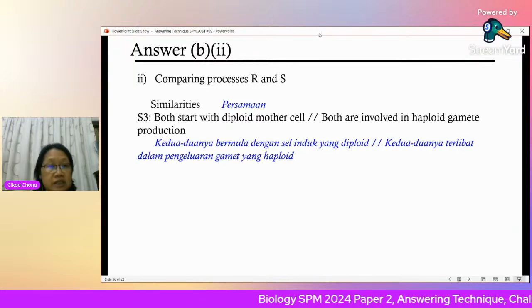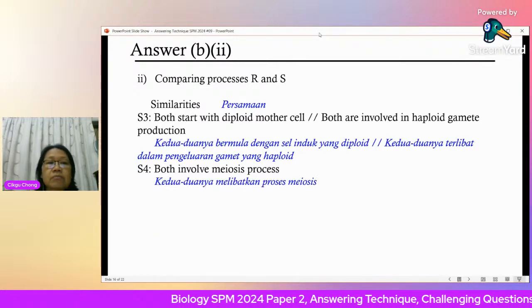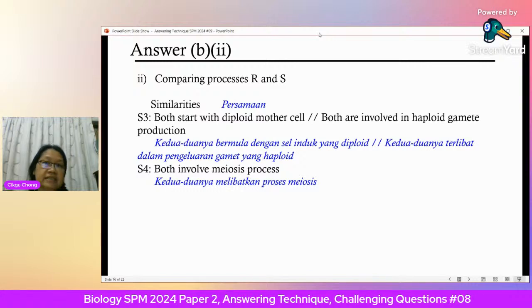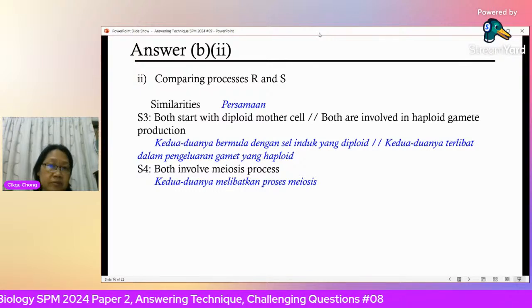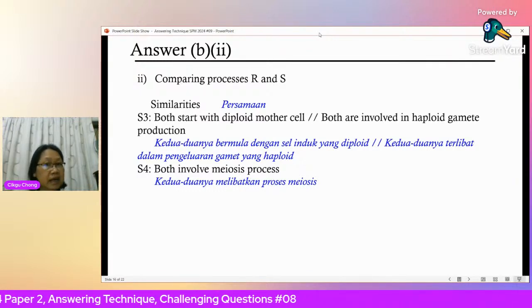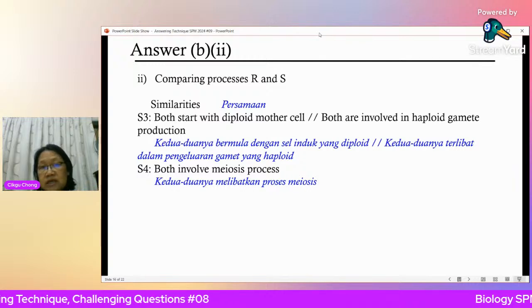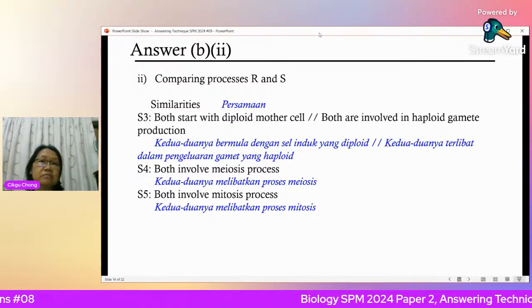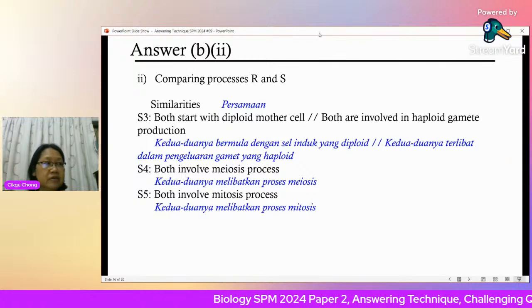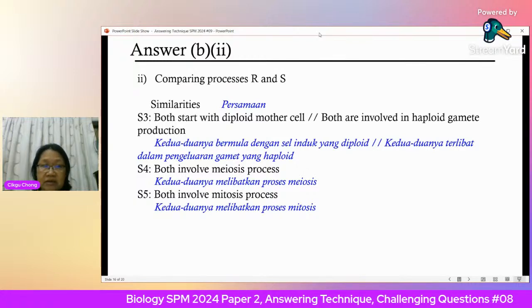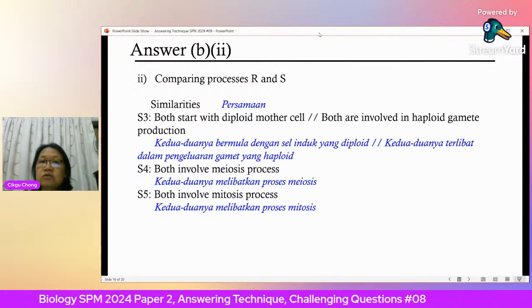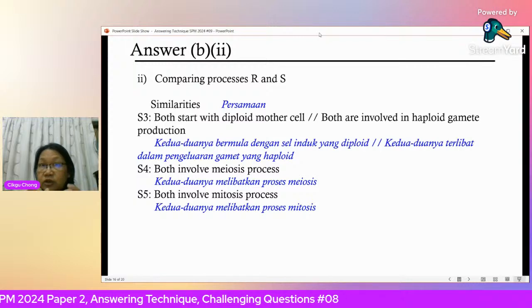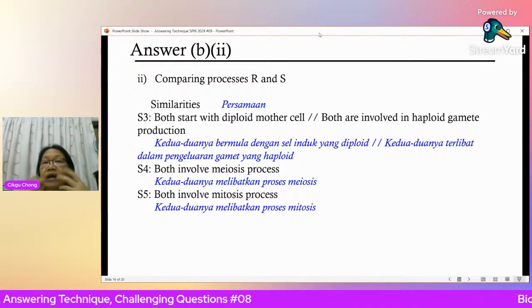Next point, this is S4. Both will involve the meiosis process, even for male and female. That's how you produce the gamete. After meiosis, you notice that it also carries out mitosis. For plants, after undergoing meiosis, the nucleus that is produced will divide one more time.